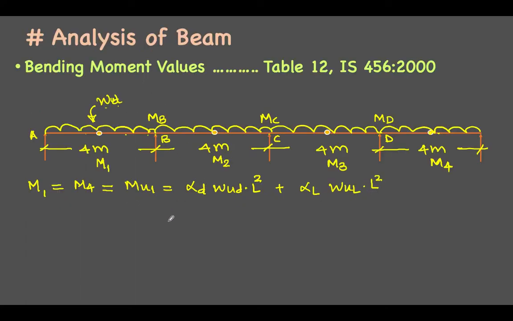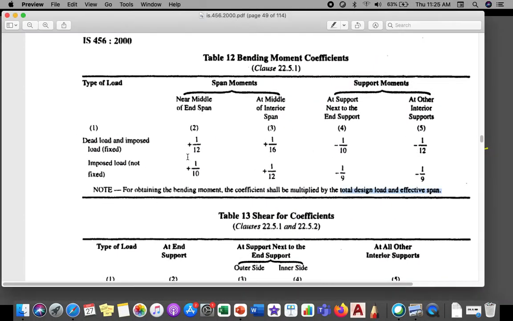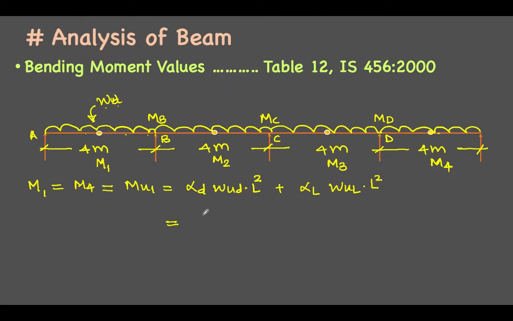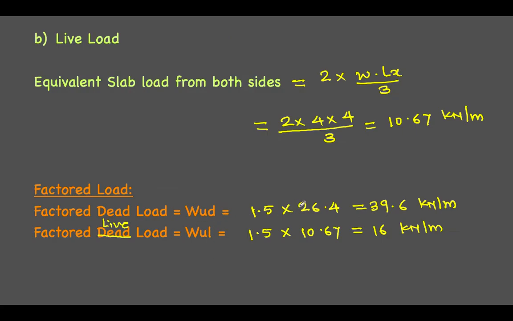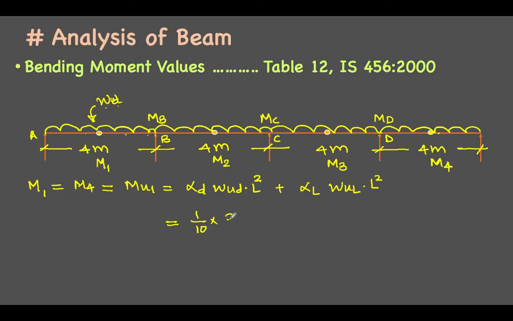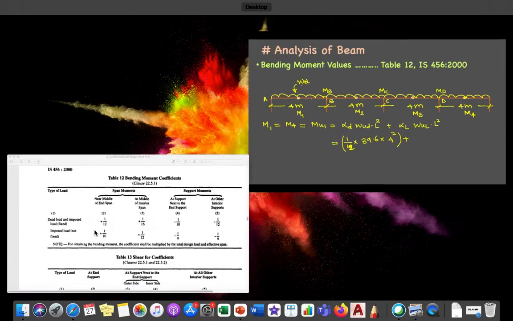Here alpha d is how much? Let us go to the code. It is 1 by 12. Alpha L is 1 by 10. WUD we have already calculated as 39.6. So it is 1 by 12 into 39.6 into L square, where L is 4 meter, so 4 square, plus we did this for dead load.